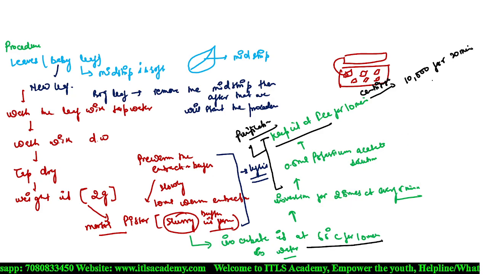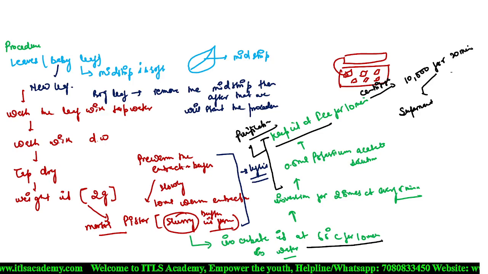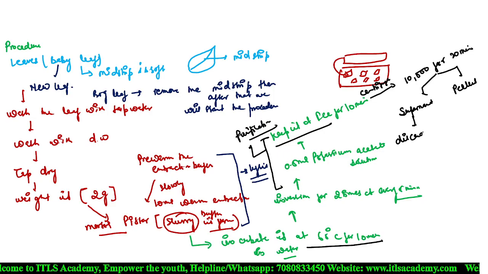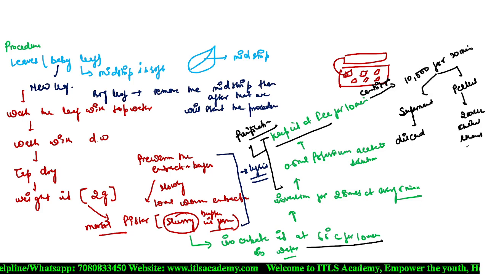When you centrifuge it at 10,000 RPM for 20 minutes, you will get two things. One is your supernatant and another one is your pellet. You have to discard the supernatant, and to the pellet you have to add 200 microliter pure ethanol.